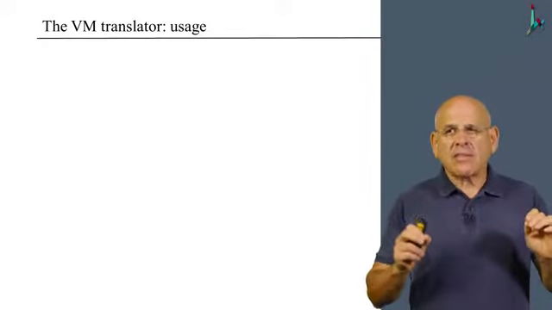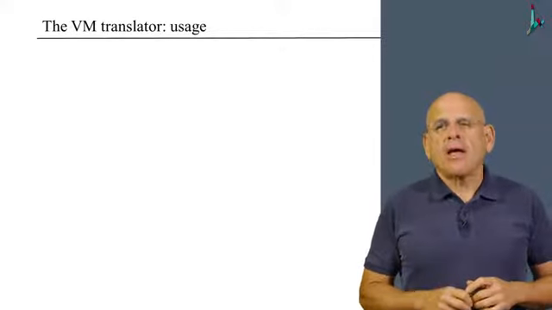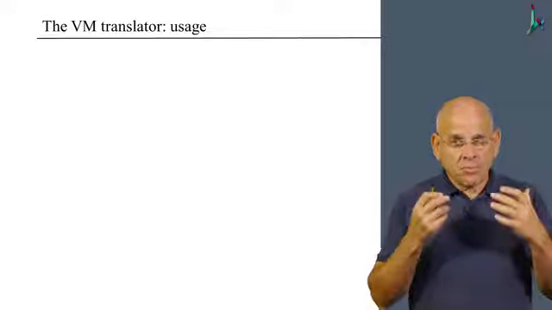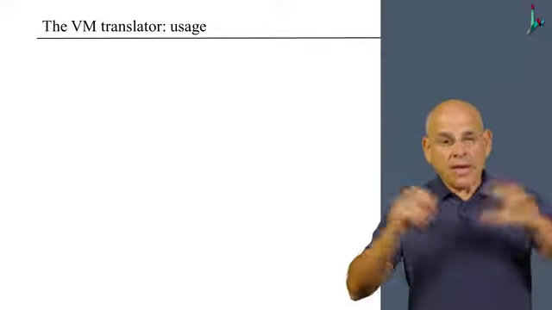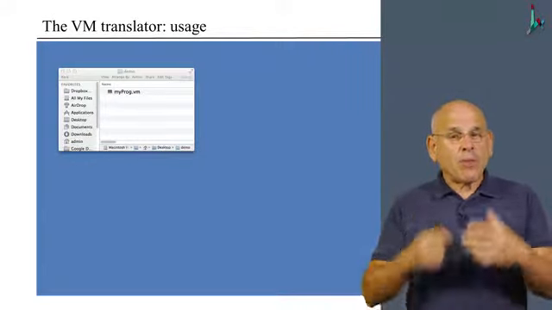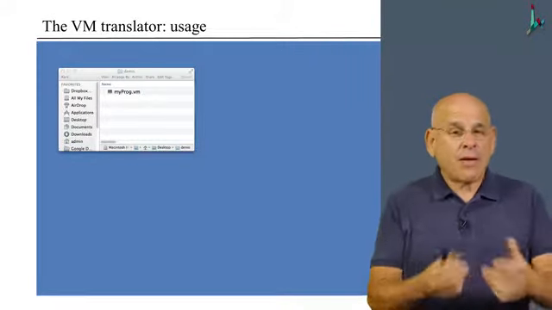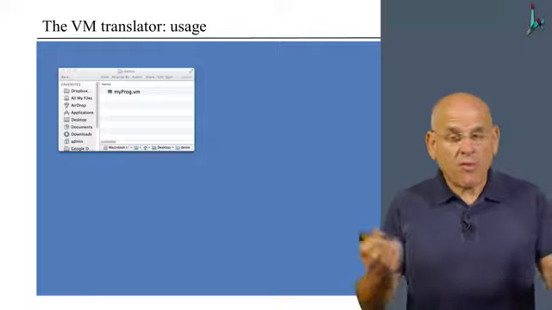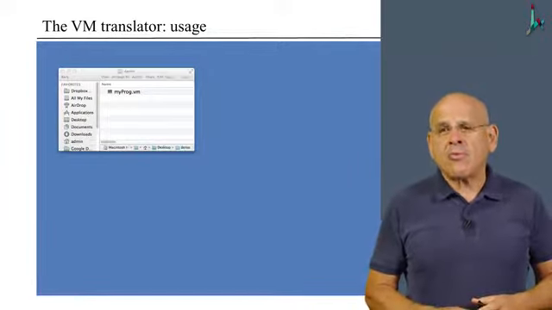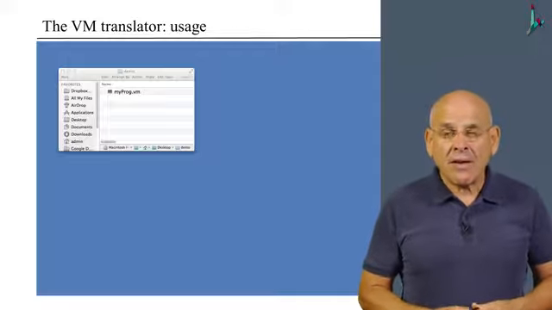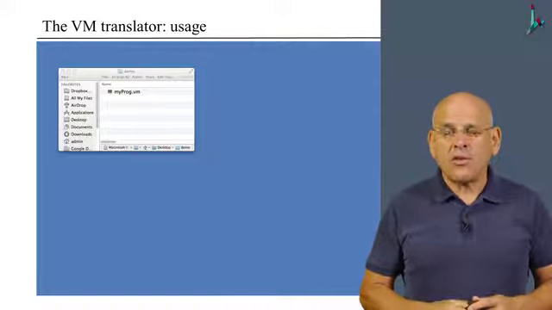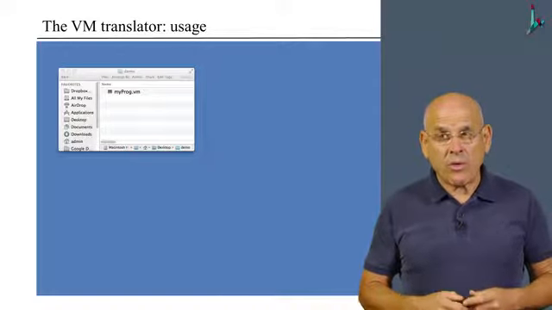What I would like to do next is show you how this VM translator will be used once you end up writing it. So, let us assume that we've implemented a VM translator and we want to apply it to a particular VM program that we wrote before, either a test program or some real program. And now we seek to translate this program into assembly code. How do we do it?